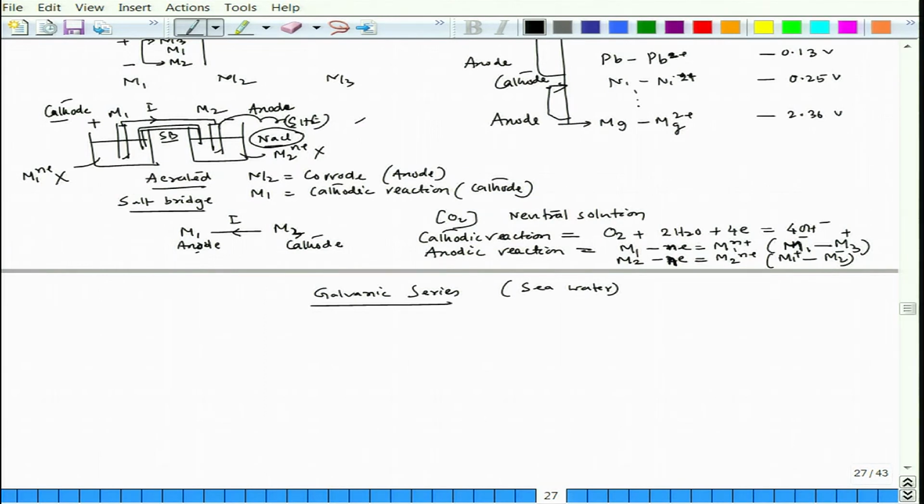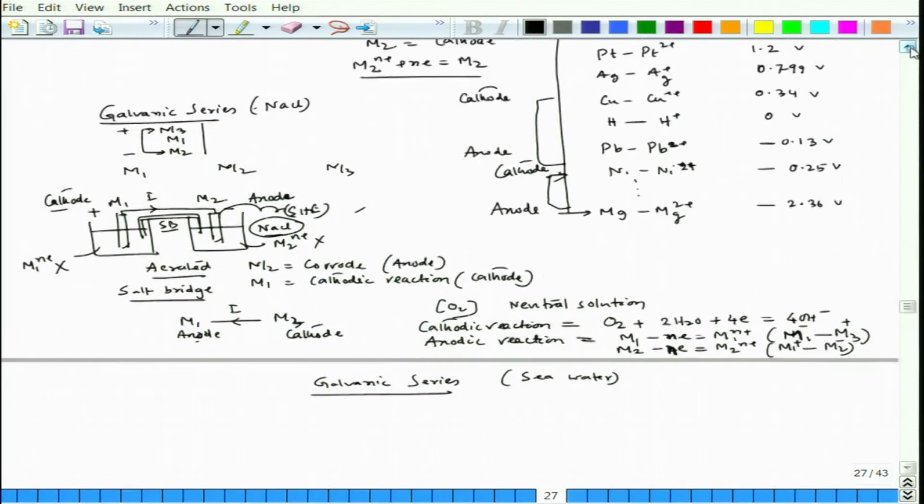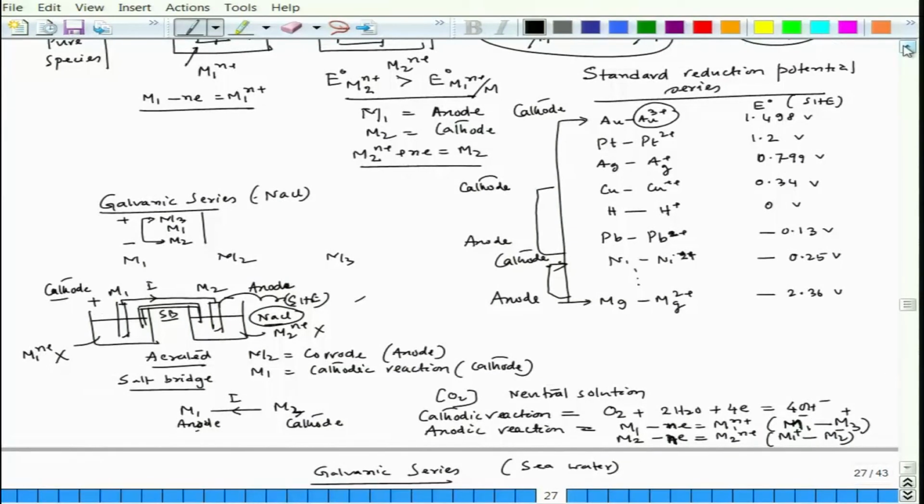Ten minutes will not be sufficient, but at least I could tell you the implications of galvanic series and standard reduction potential series, because in the standard reduction potential series we always deal with the same metal, same species and unit activity is maintained, but in galvanic series it is not needed.